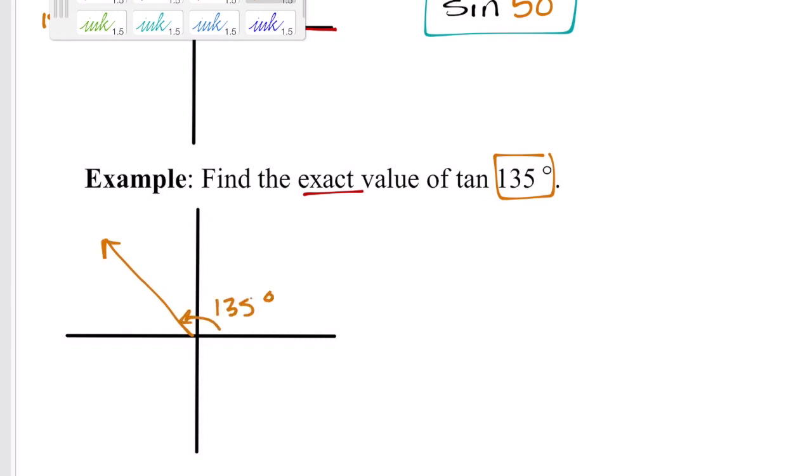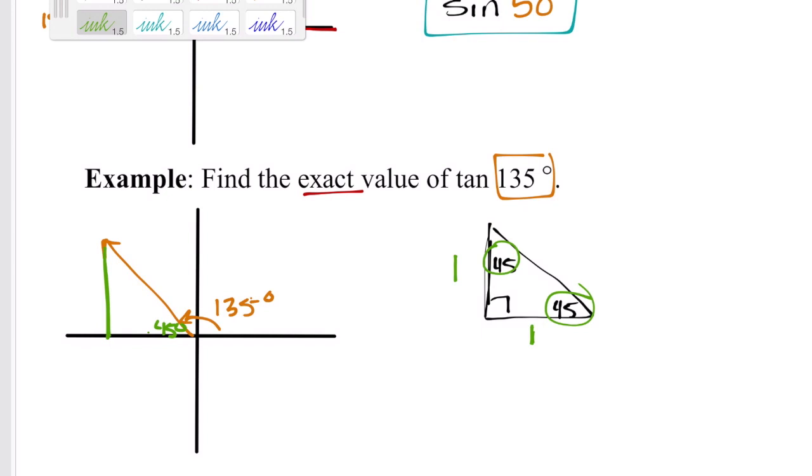I'm going to figure out what the reference angle is to see if I can use one of the special triangles. And my reference angle here would be 45 degrees, which means I'm looking at a special 45, 45, 90 triangle. The special thing about 45, 45, 90 is because we have the same angles, the 45 and the 45, that means that their sides are going to be equivalent.